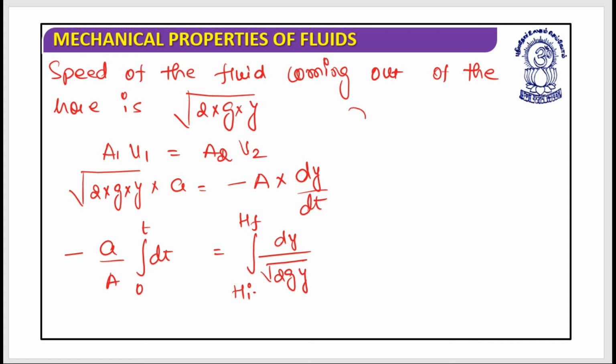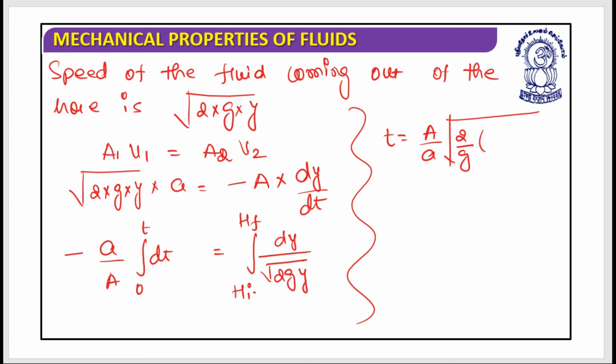If I put in the limits and get it done, then this can be written as t equals A by a, under root of 2 by g, multiplied by root of h initial minus root of h final. I hope this is clear.